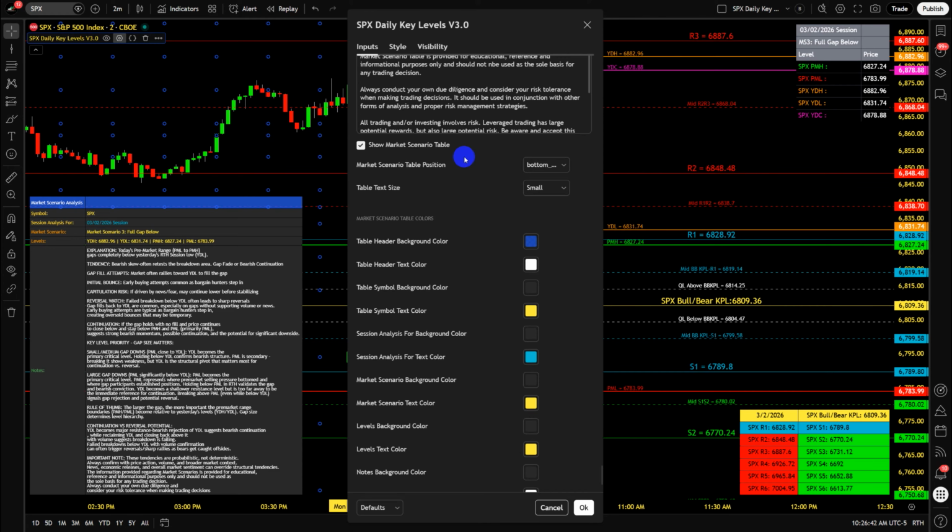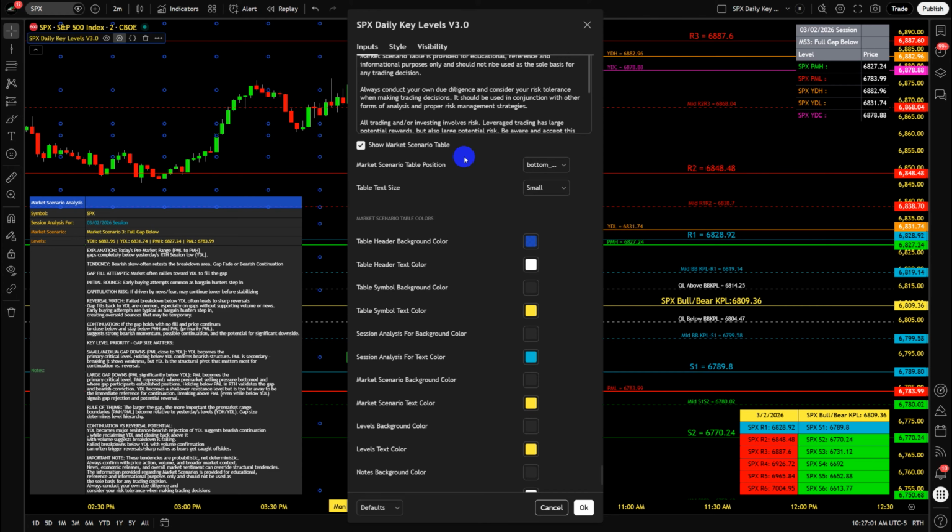Now we also have one-page PDF cheat sheets. If you are a subscriber to this indicator, then you also get a Google Drive link to a PDF cheat sheet for each of the 6 specific market scenarios.